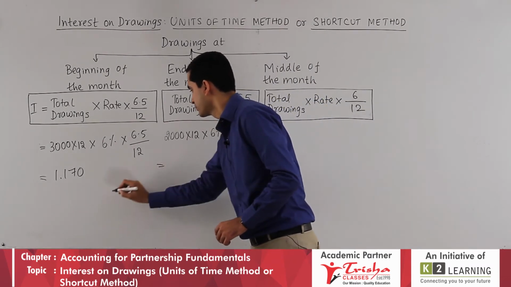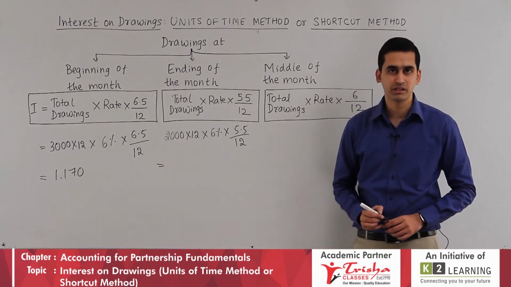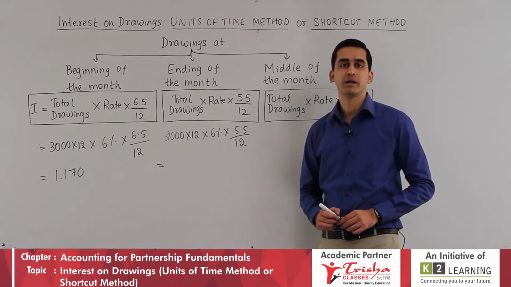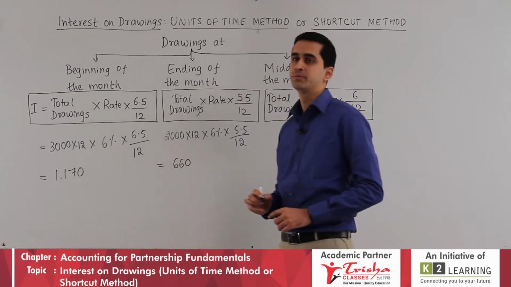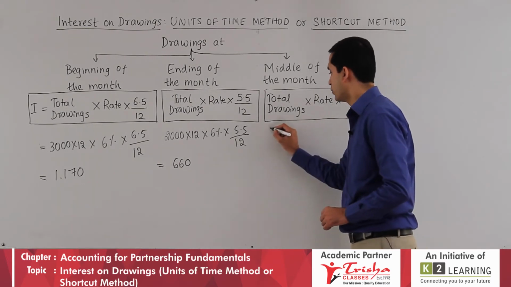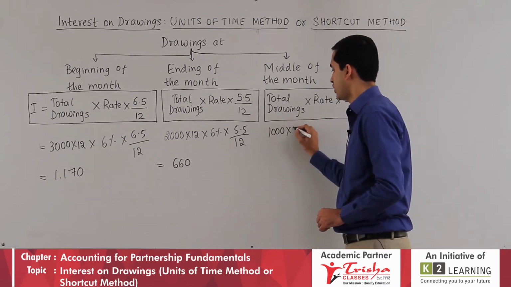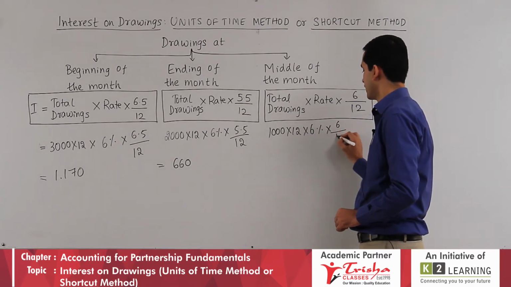When I work out 2000 multiplied by 12 into 6% into 5.5 by 12, it comes to 660 rupees. Third one, Mr. Rupesh. He has withdrawn 1000 rupees for all the 12 months and rate of interest remains same, at the middle of the month.